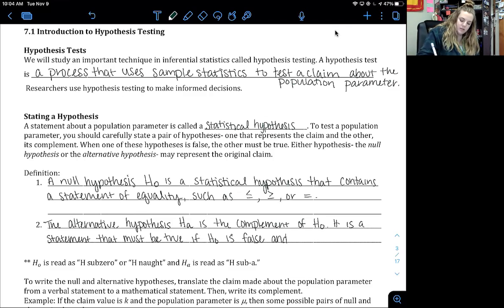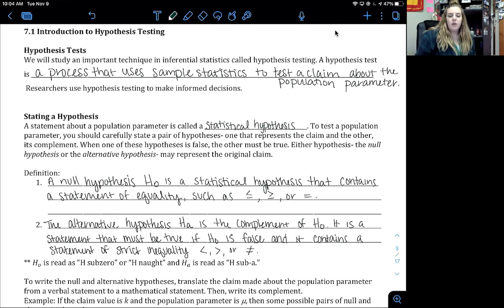And it contains a statement of strict inequality. Okay, so that would be your less than, your greater than, or you're not equal to.